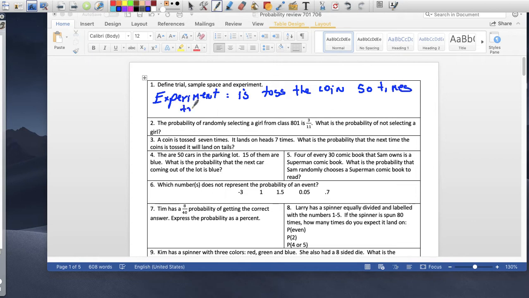The trial is the number of times we're doing this. So the experiment is to toss the coin however many times, right? And the trial is the number of times we are going to perform the experiment.